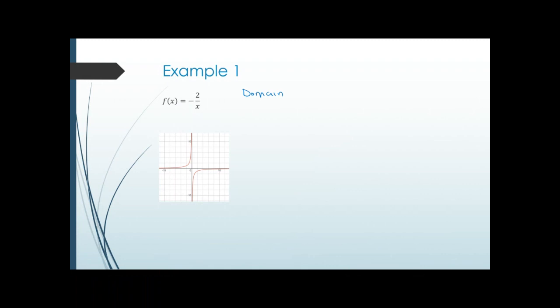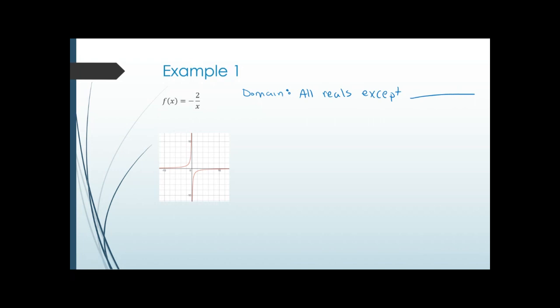So your domain would be all reals except, and then you have to figure out what number is not in the domain. So it's all reals except some number. Sometimes there's 2 numbers that are not allowed. And so that comes from the denominator.